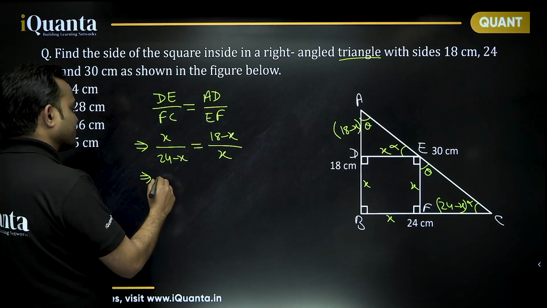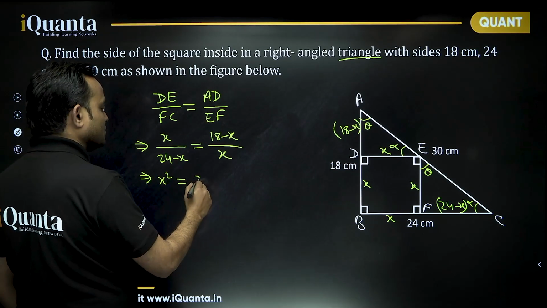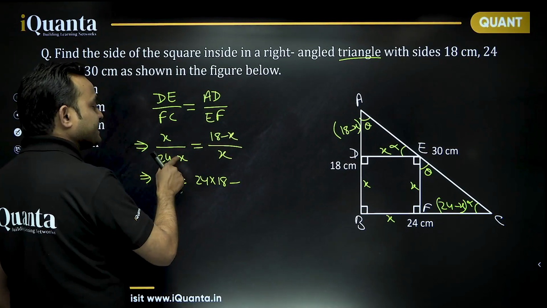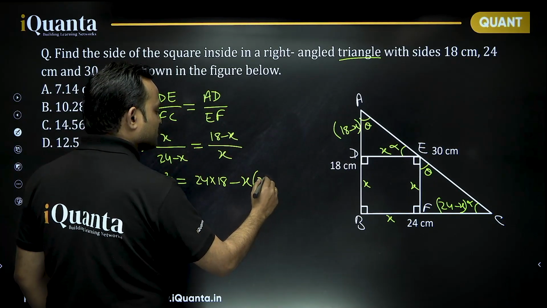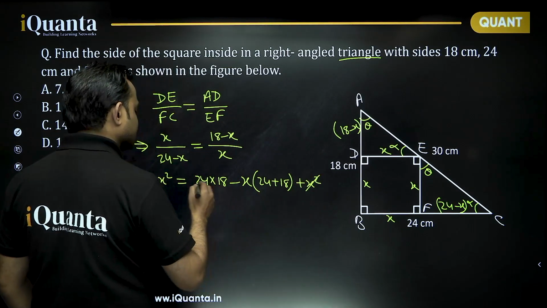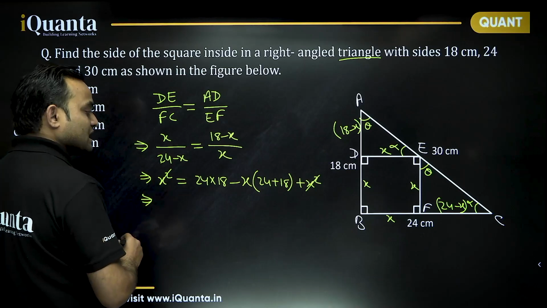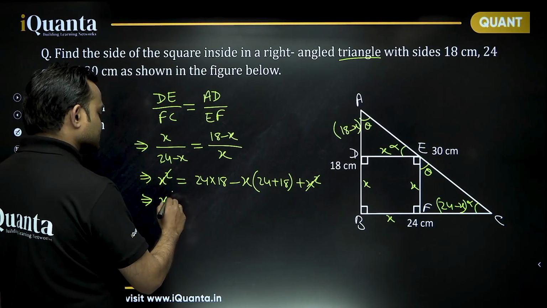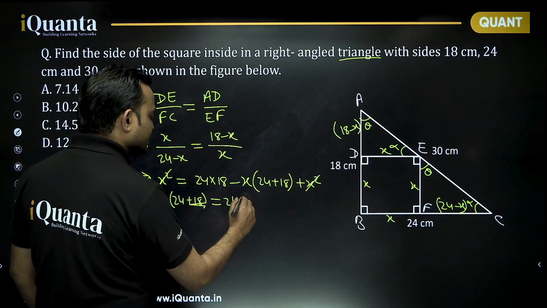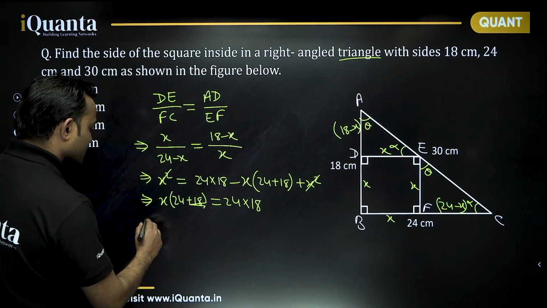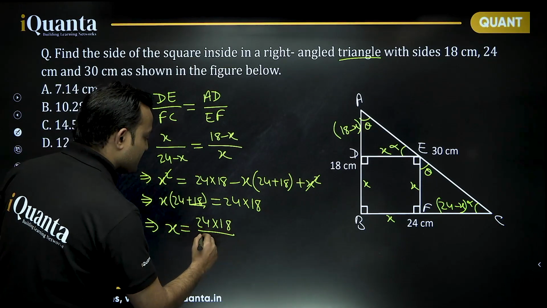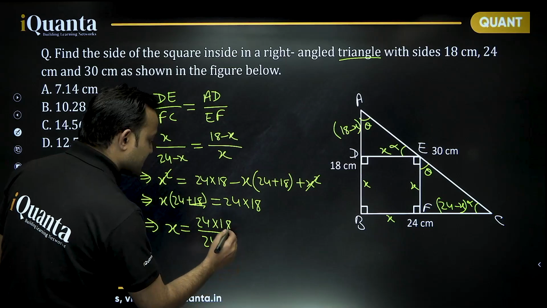So from there we can say x square is equal to 24 into 18 minus 24 into x, 18 into x, minus x square. So x square cancels out, or we can say x into 24 plus 18 is equal to 24 into 18, or x is equal to 24 into 18 divided by 24 plus 18.